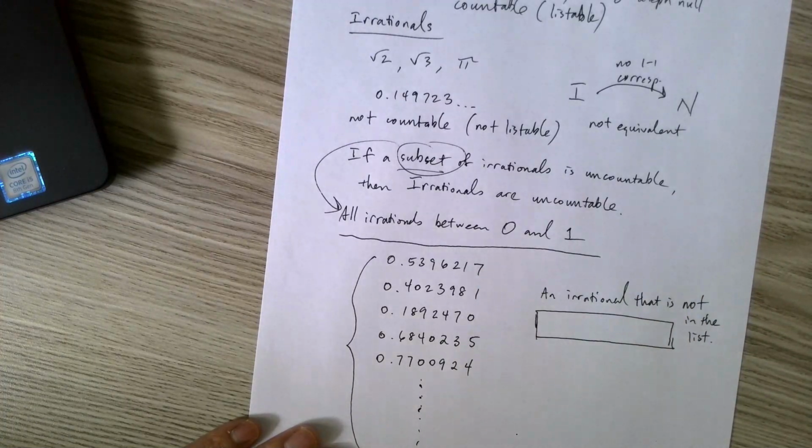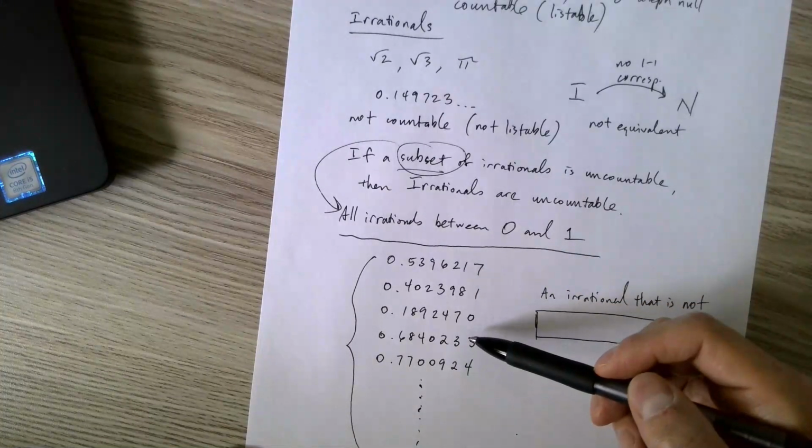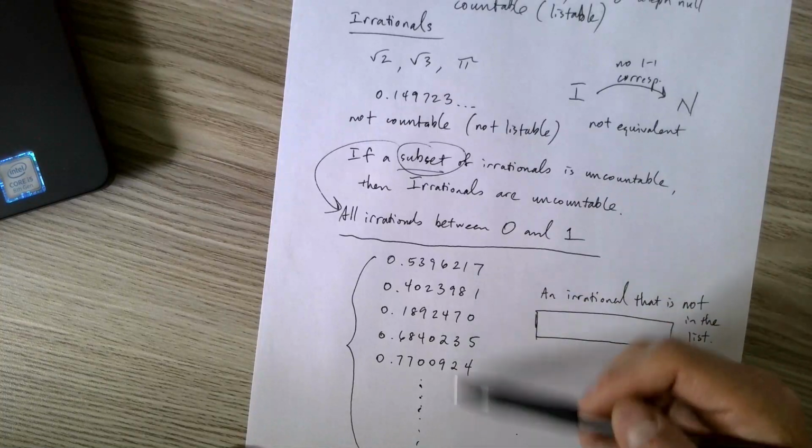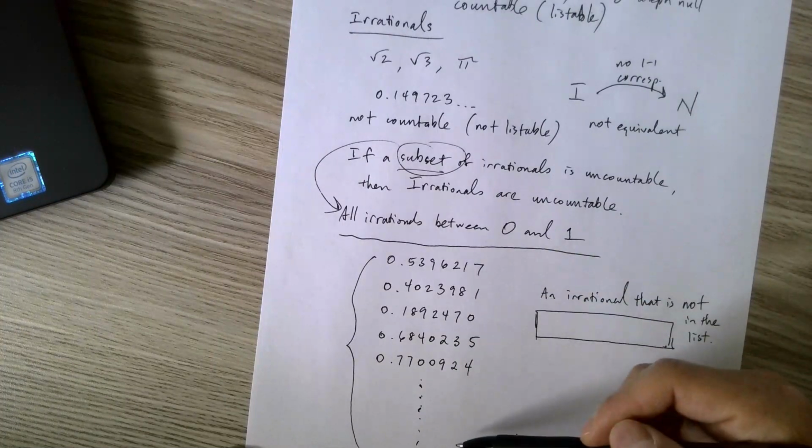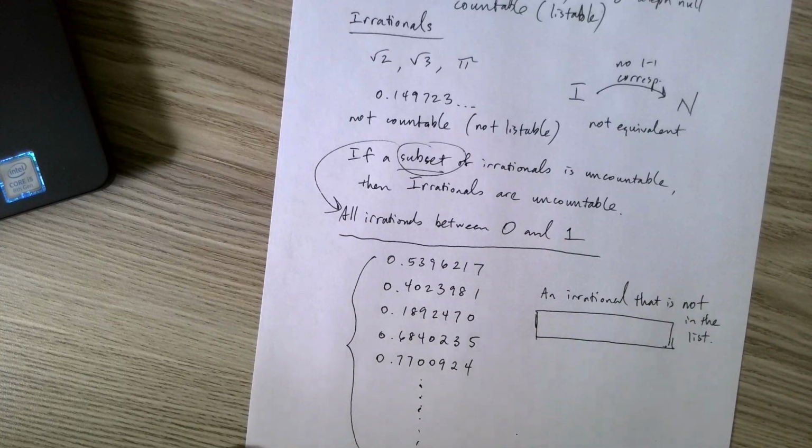Okay, so I'm going to repeat that. All the irrationals between 0 and 1 are here. But I'm claiming that I'm about to create an irrational that isn't there, and I can prove that it isn't there after I write it down.